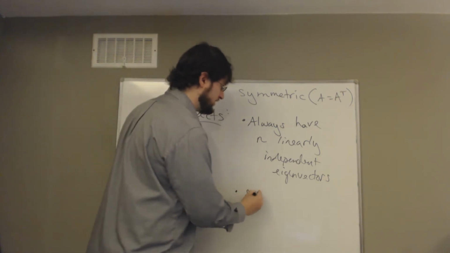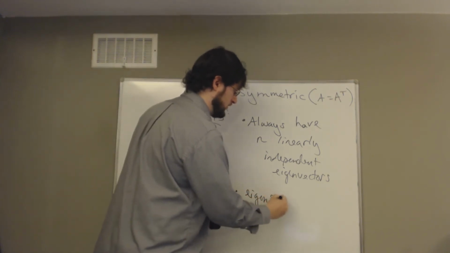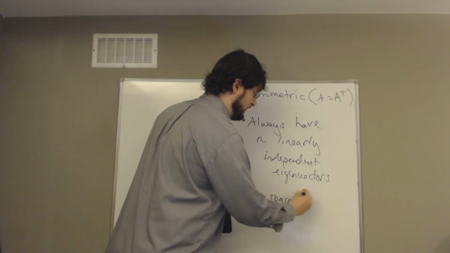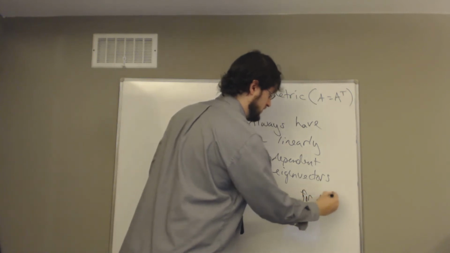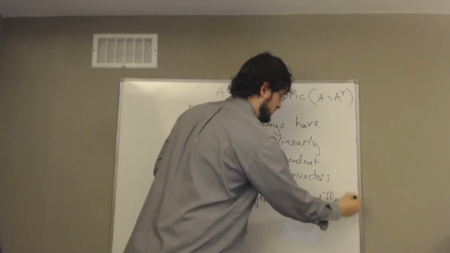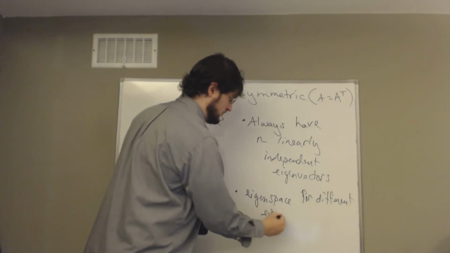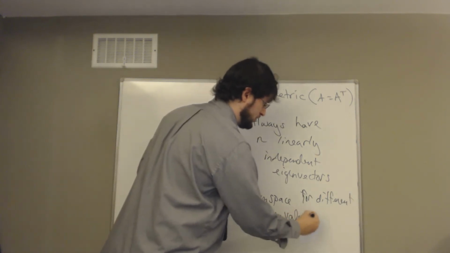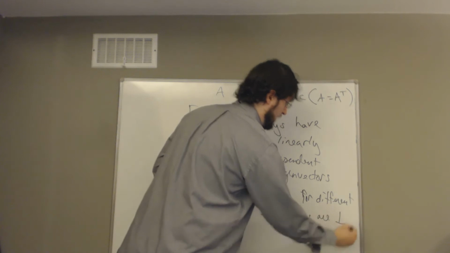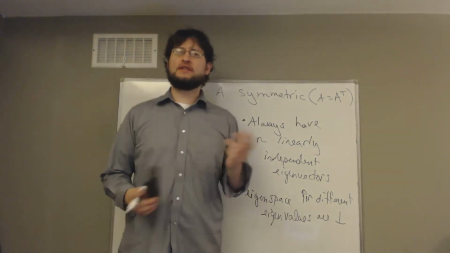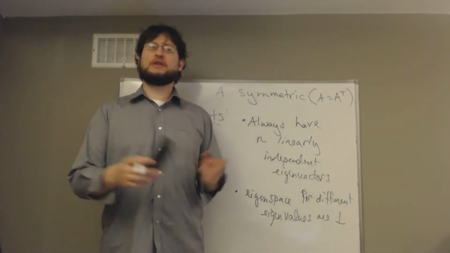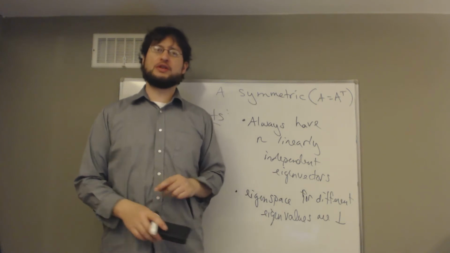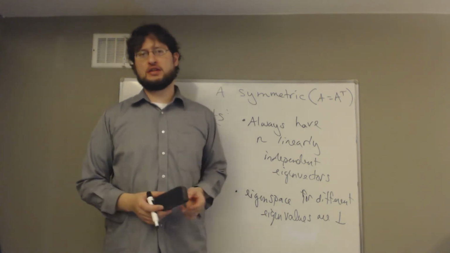The eigenspaces for different eigenvalues are orthogonal. So if I have two eigenvectors that correspond to two different eigenvalues, then those eigenvectors are perpendicular.